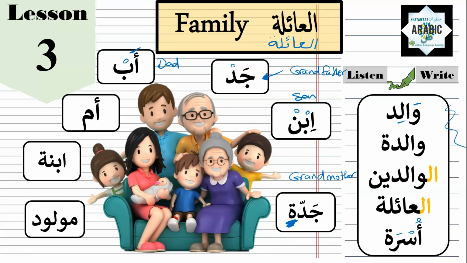And on this part, what we have is just a few words that share the exact same root, which is waw, lam, and dal. Waw, lam, and dal have to do with the meaning of birth, which is to be born. So here we're going to go with dad for ab, then for mom, and walida would be mother.